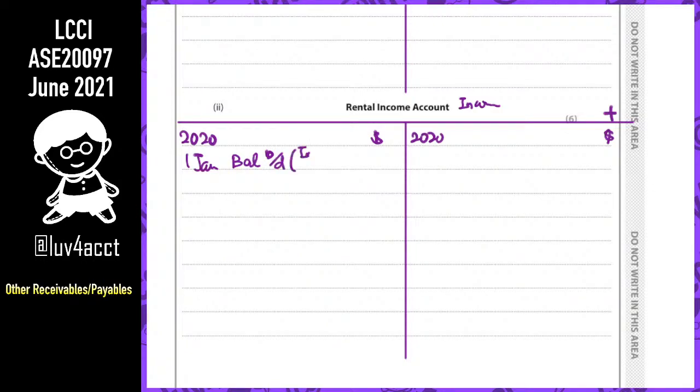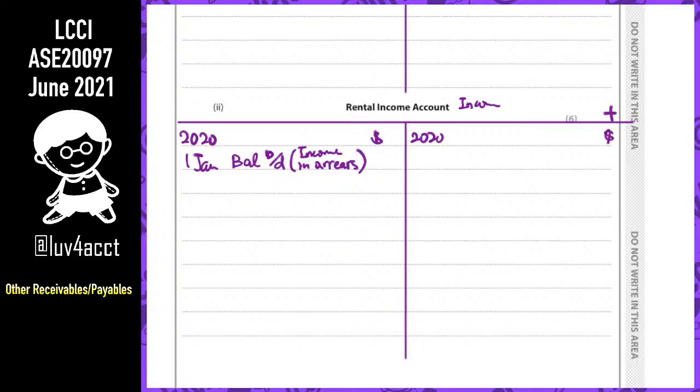So this one is an income in arrears or income owed. I like to use in arrears for income to make the difference clearer for myself.